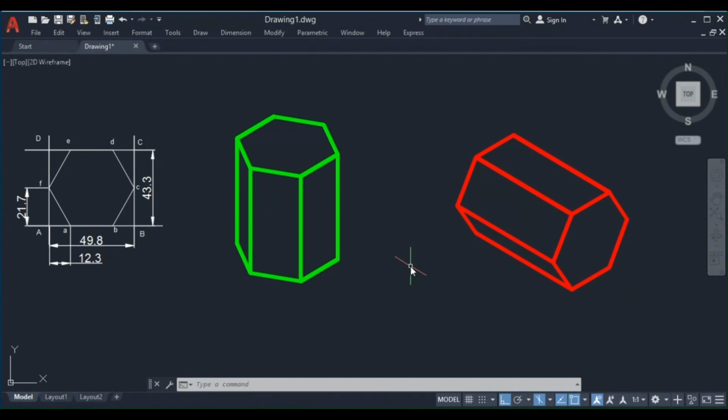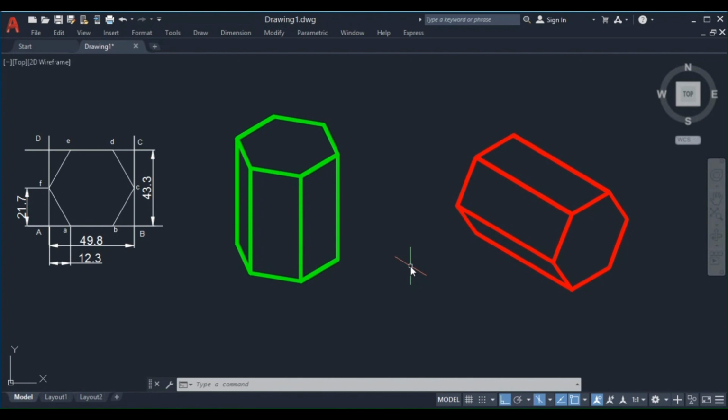Now this problem, please do it on your own, and this I'm not going to explain you. Draw the isometric view of a pentagonal prism of side of base 25 mm and height 60 mm.